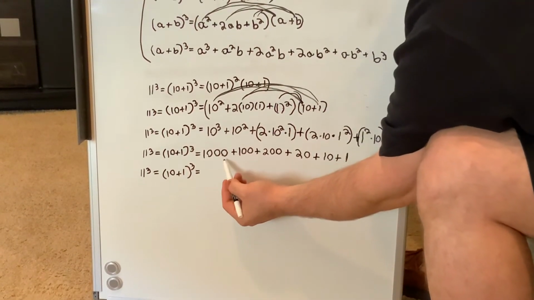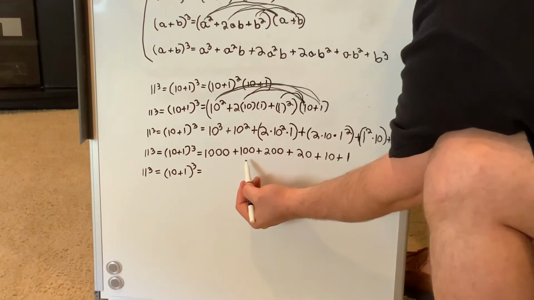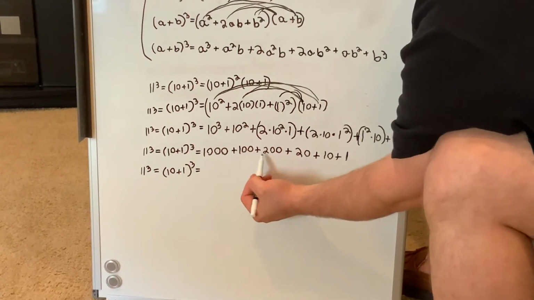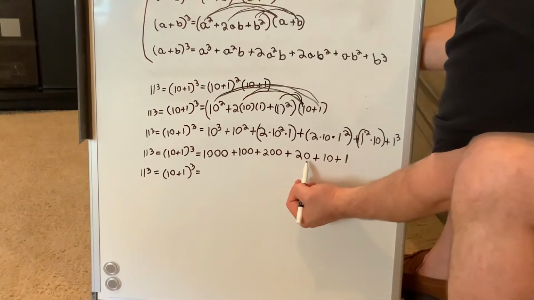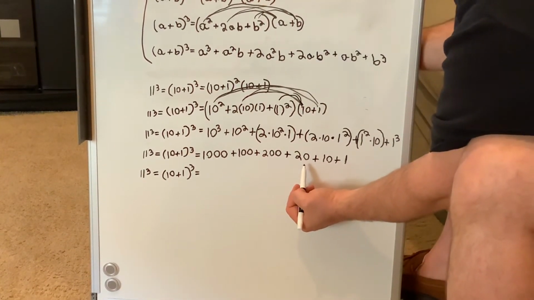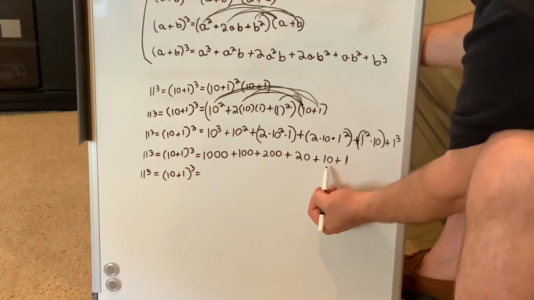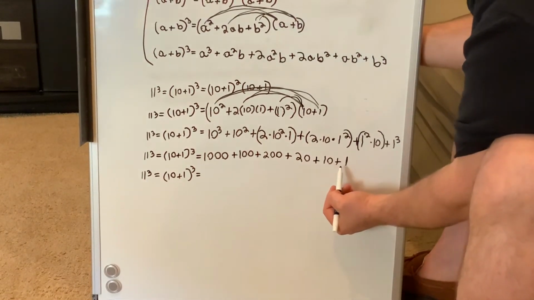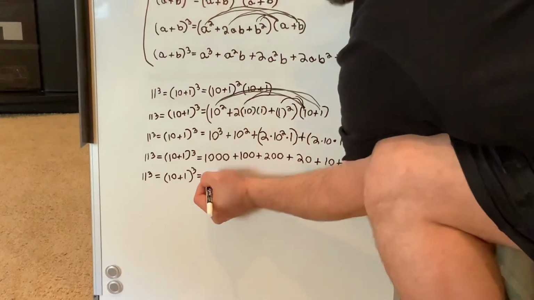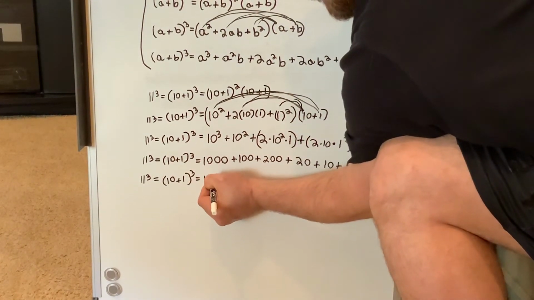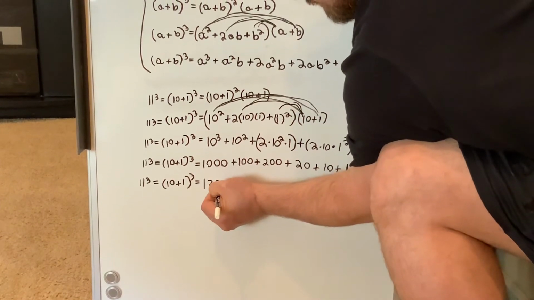So 1,000 plus 100, that's 1,100, plus 200, now we're at 1,300, plus 20, that's 1,320, plus 10, that's 1,330, plus 1, that's 1,331. 1, 3, 3, 1.